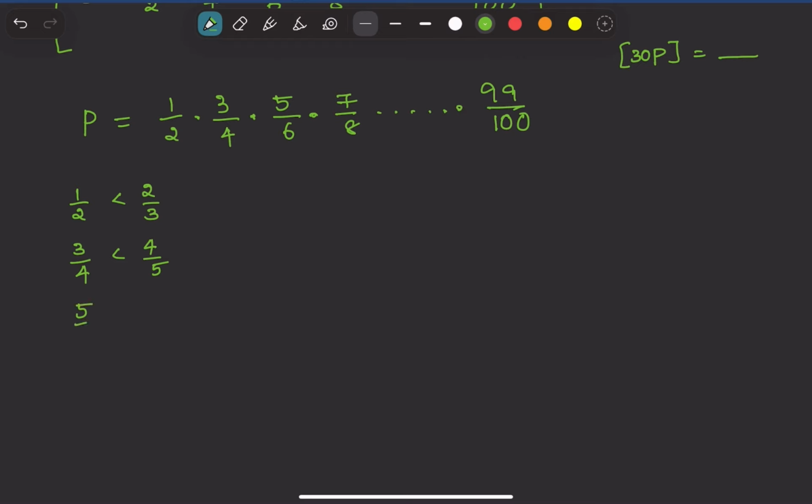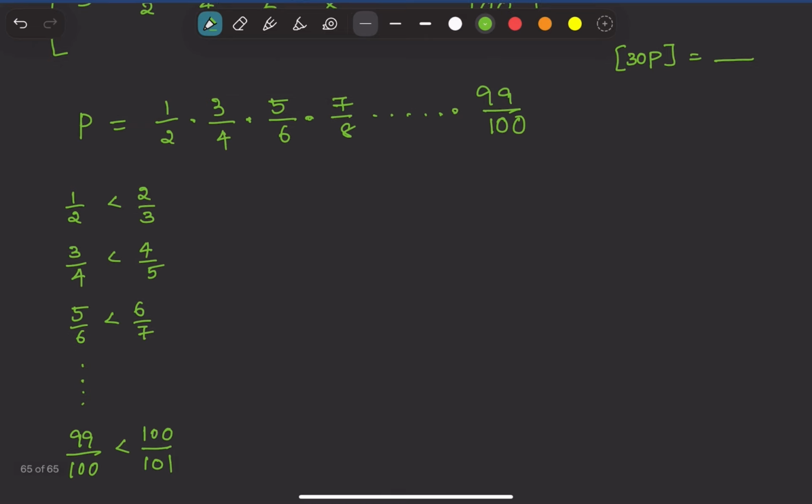Similarly, 5 by 6 is less than 6 by 7 and so on, 99 upon 100 is less than 100 upon 101. Now think what I'm going to do with all these inequalities. You can even pause the video at this moment and try to arrive at the solution.